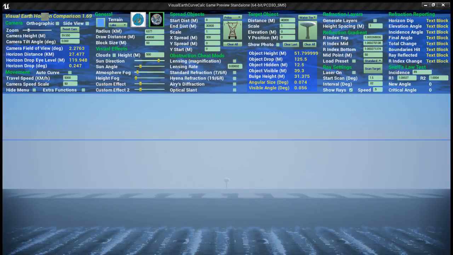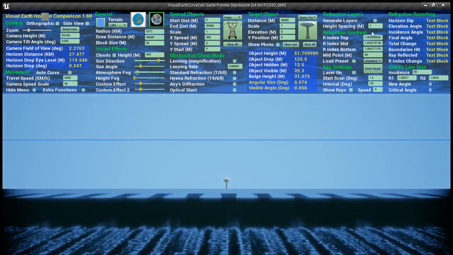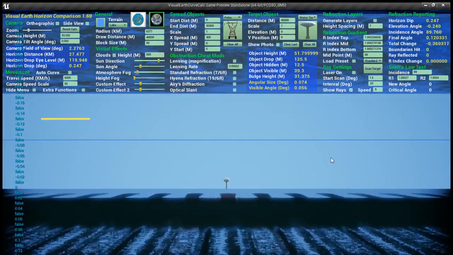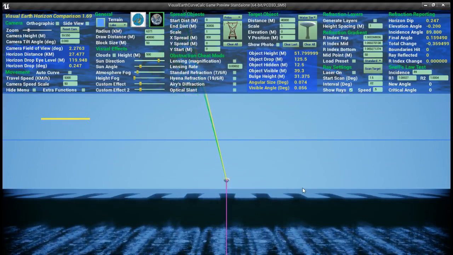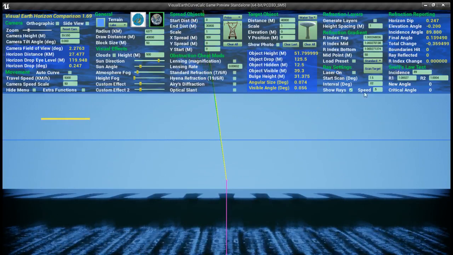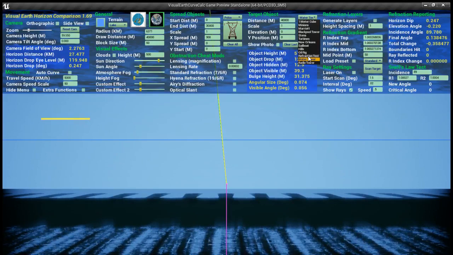So this isn't really going to work, I can tell right now, but I'm just going to see what will happen anyway. I don't have that one set up to work for refraction.